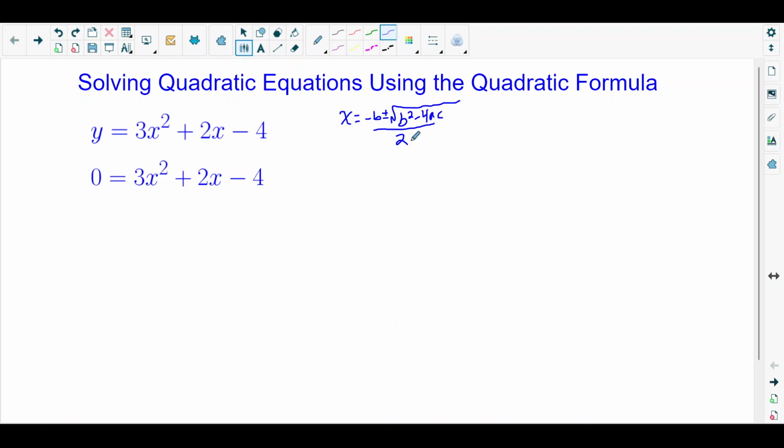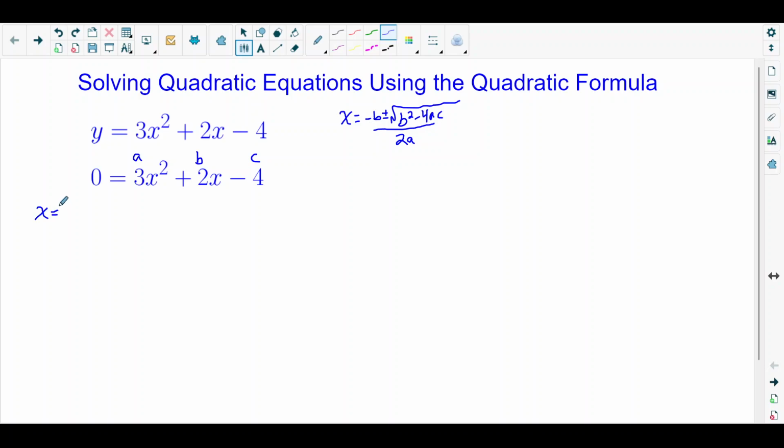And just a reminder, when we're trying to find the a, b, and c, our equation is in standard form. The a value is the coefficient of the x squared term, the b value is the coefficient of the x term, and the c value is the constant or just the numerical value. So that's important. And then we can substitute all of our values in. When we sub into the quadratic formula, we're just using the coefficients, so just the numbers, not the variables.